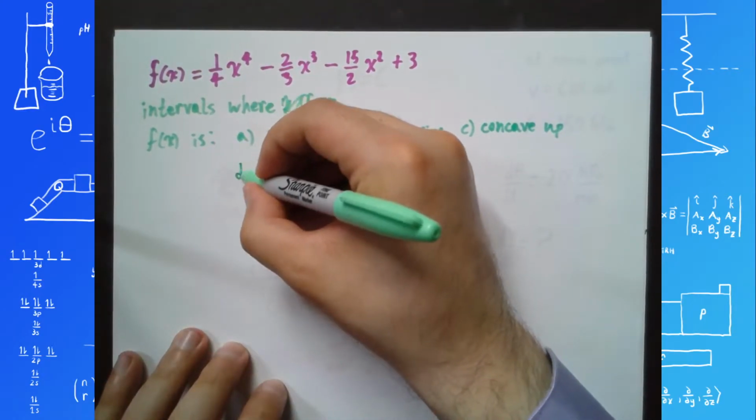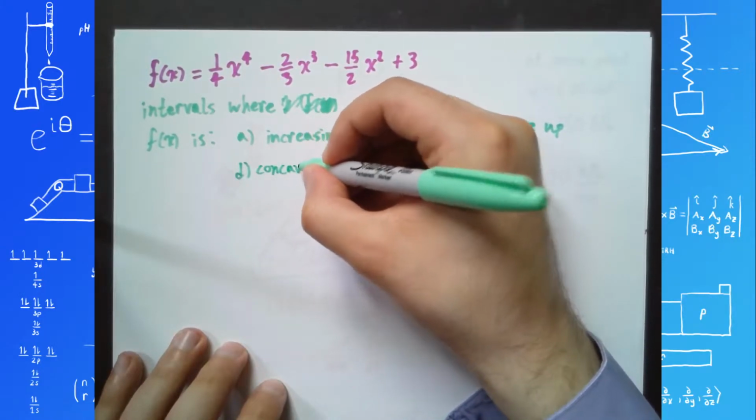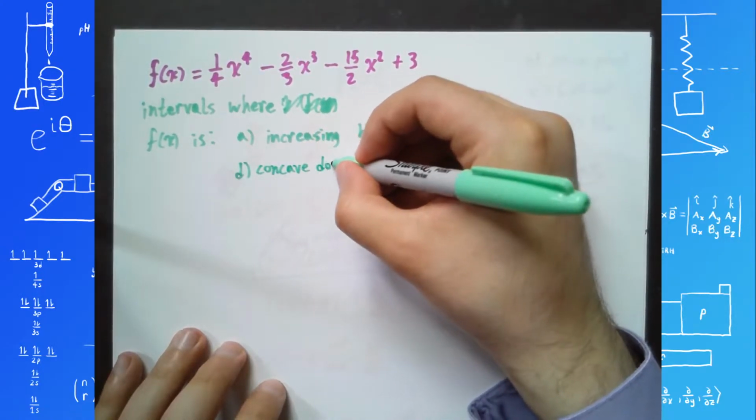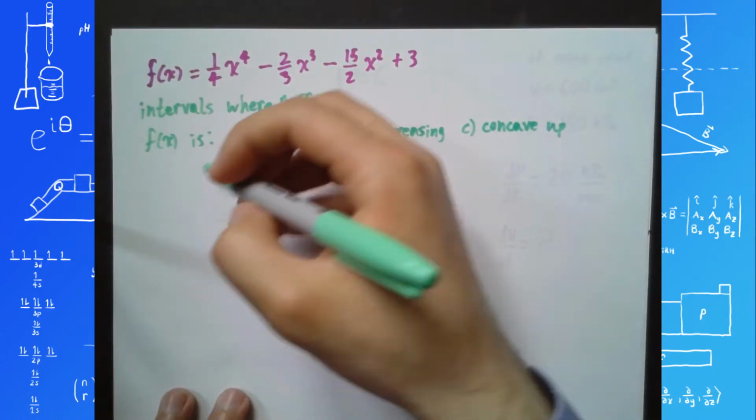Yeah, not gonna risk writing it all out. I don't think I could fit it in there, not with the size of my handwriting. Concave up, concave down, and then what else do we want to find?